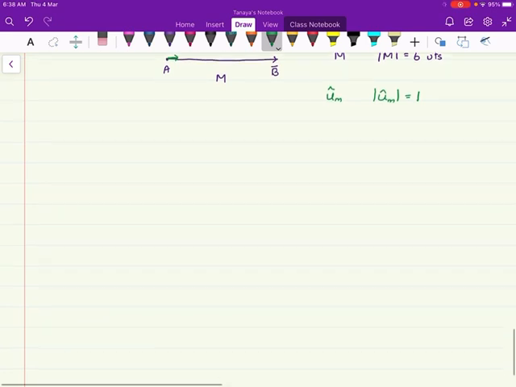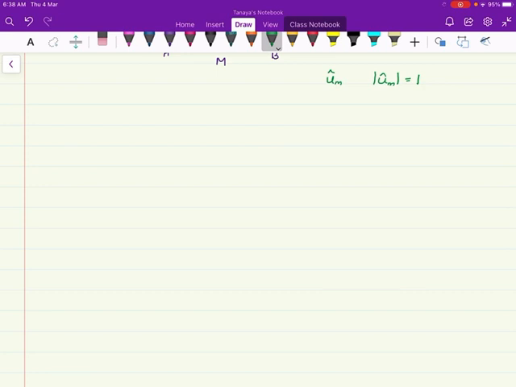Okay. Now, as a convention, for the x and y axes we use unit vectors called i cap and j cap. So if this is my x axis and this is the y axis, to indicate the directions along the x axis and y axis, I can say that the unit vector along the x axis is i cap, and the unit vector along the y axis is denoted by j cap.